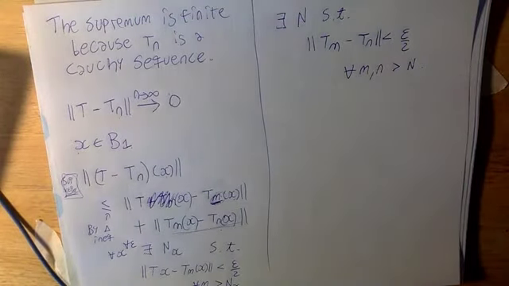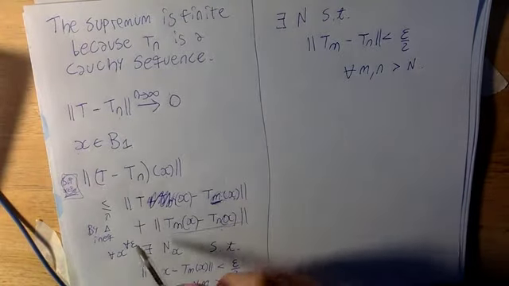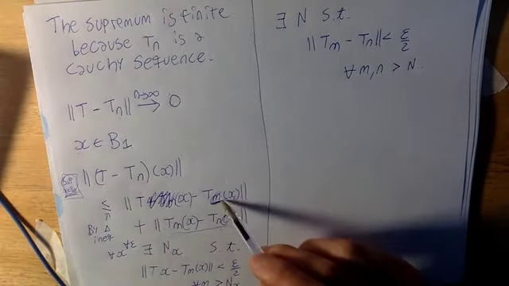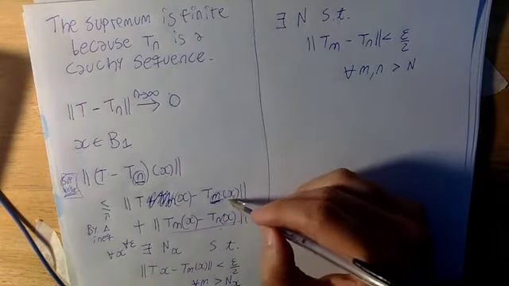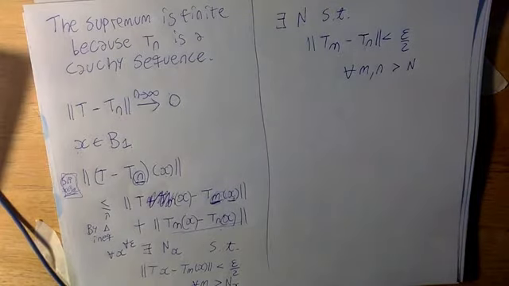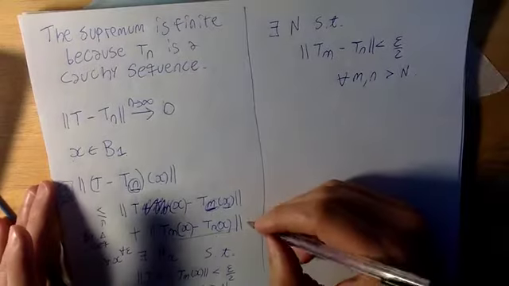The point is that here I'm not picking an n that depends on x. The little n is going to be independent of the x. In this way, I can actually take the supremum. So this is less or equal.